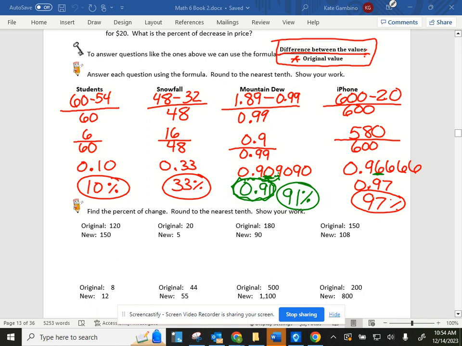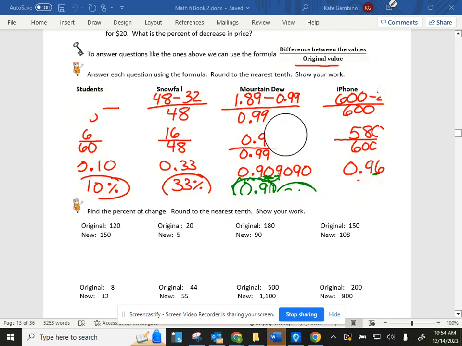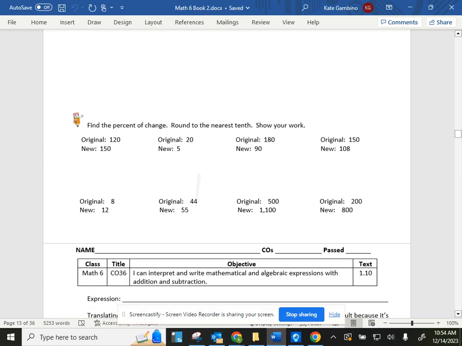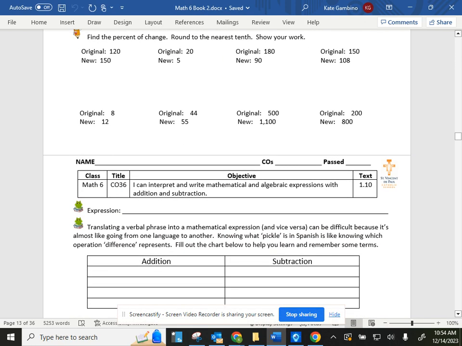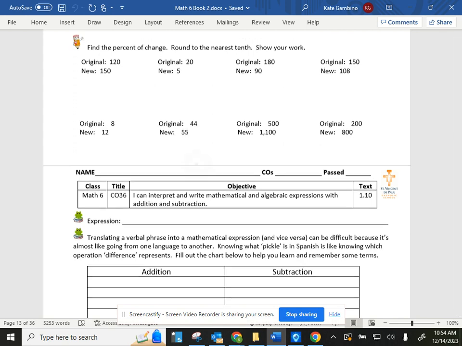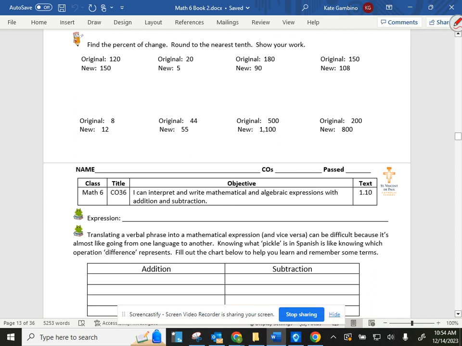Let's do a couple together. Find the percent of change, round to the nearest 10. We're not going to do that, because when we're working with percentages, we're rounding to the nearest hundredth. Silly Mr. Schultz. Rounding to the hundredth, so cross off that tenth and put hundredth.